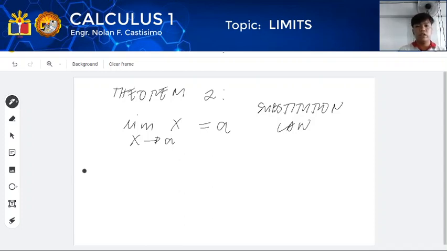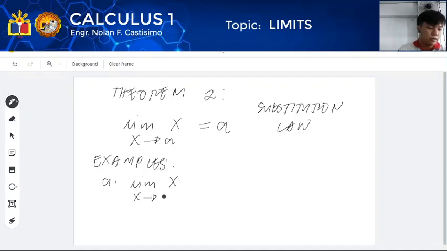Okay. So, example. Examples. So, first example, we have the limit of x as x approaches to what? 9. Is equivalent to. So, ano magiging sagot natin dyan? So, limit of x as x approaches A is equivalent to what?